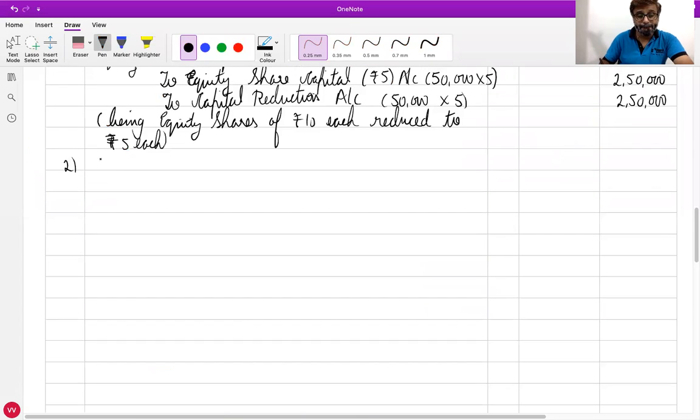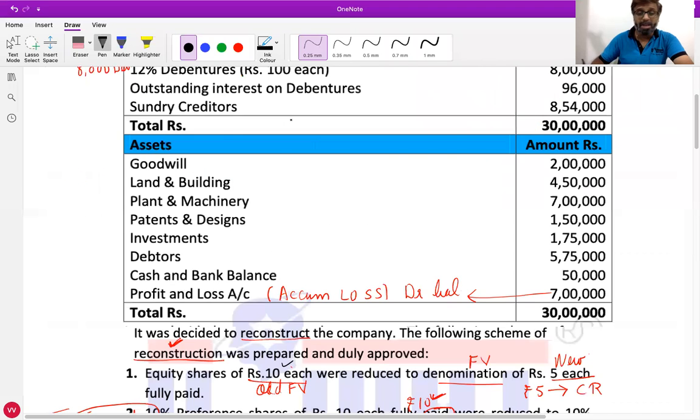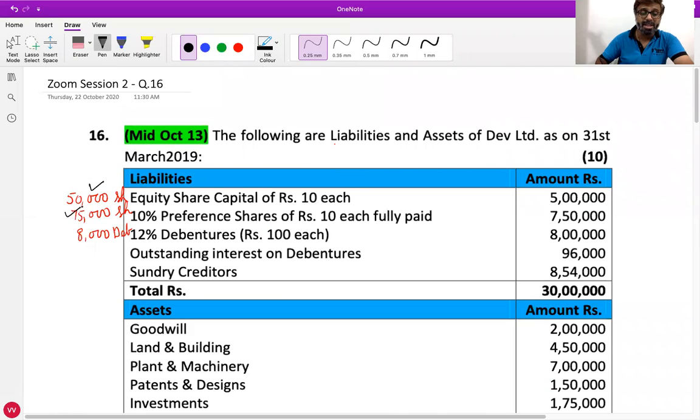Sir, 10% preference share capital account debit. 75,000 into 4. Yes, 4 rupees is what they are sacrificing. You all can see 75,000 preference shares are there.